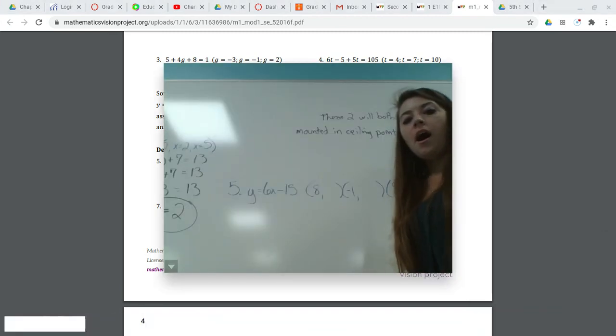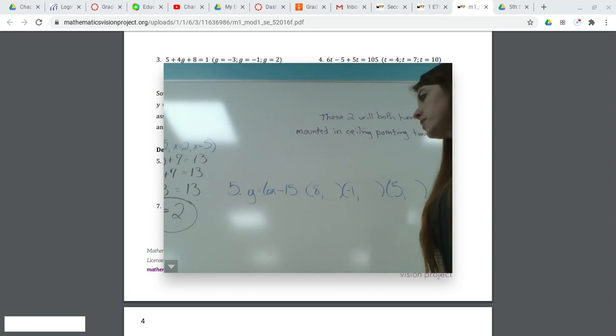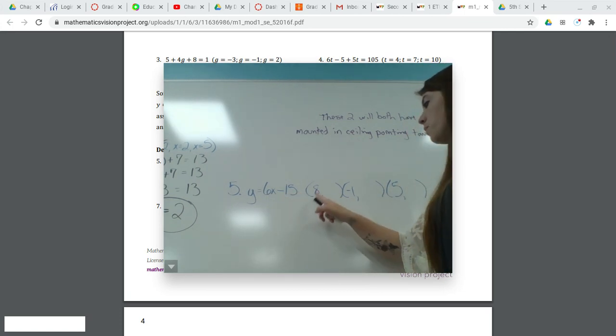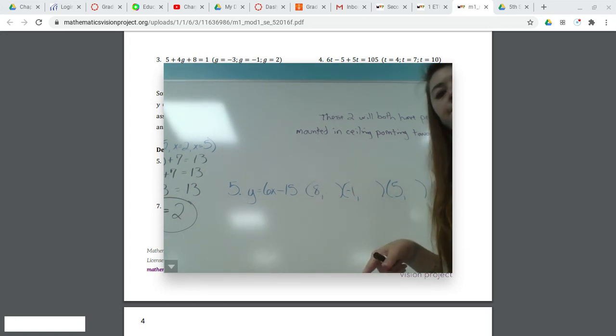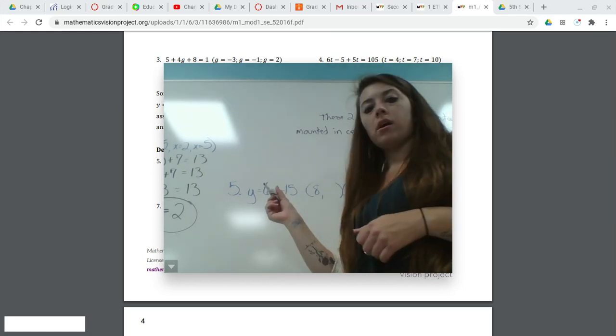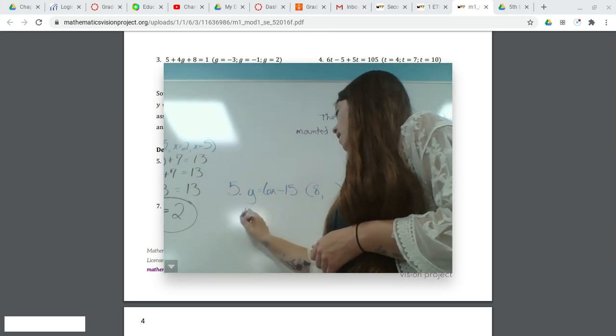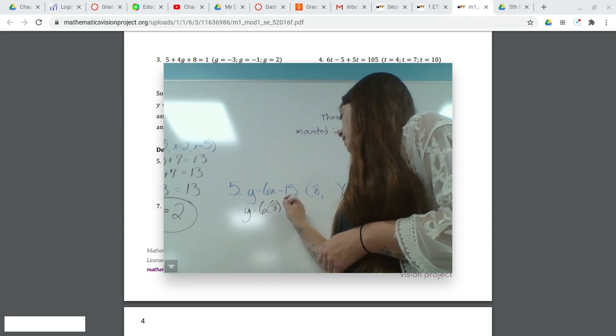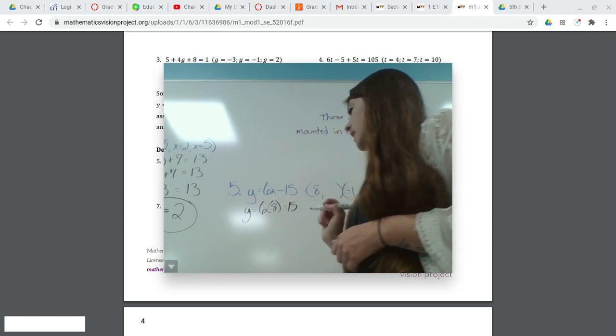So right here, we'll go ahead and work through this. We have the equation y equals 6x minus 15, and we've got our 3 different x values. We have 8, -1, and 5. This is our x value, so we're going to plug 8 in for x in our equation. We're going to have y equals 6 times 8 minus 15.